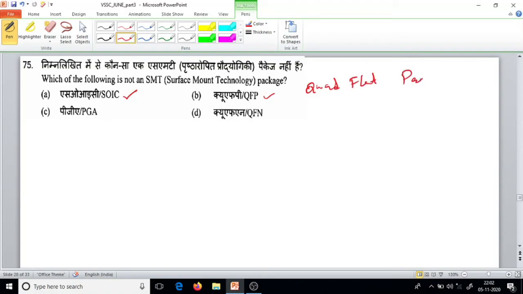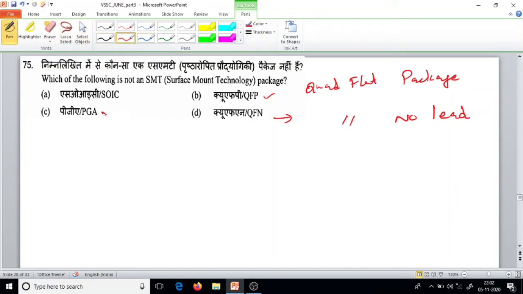QFN is quad flat, no leads. That is the QFN package. But this PGA is different from these packages. So the answer is PGA. So we'll go to the next question.